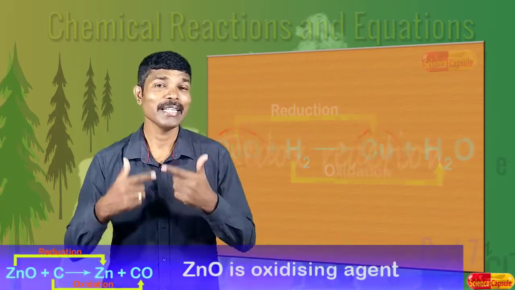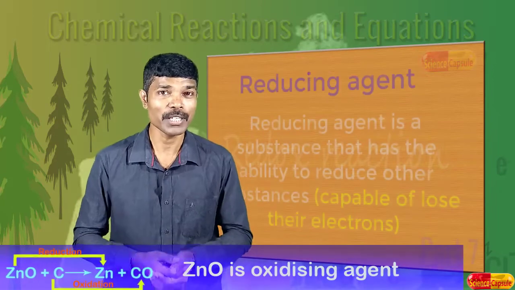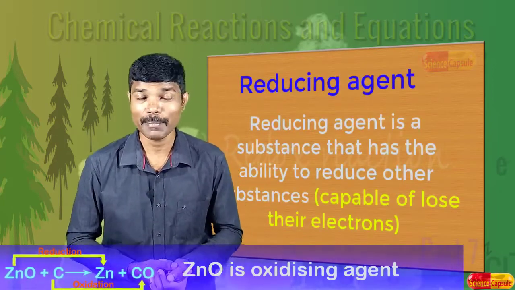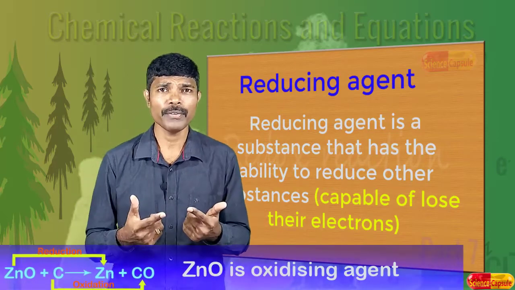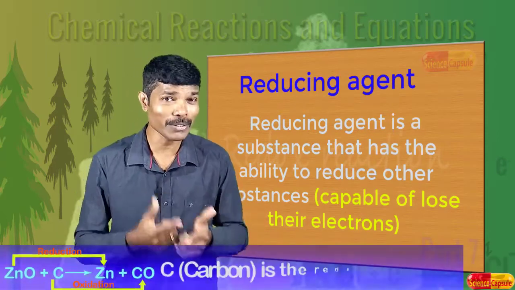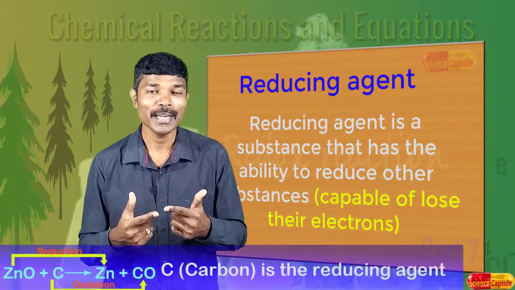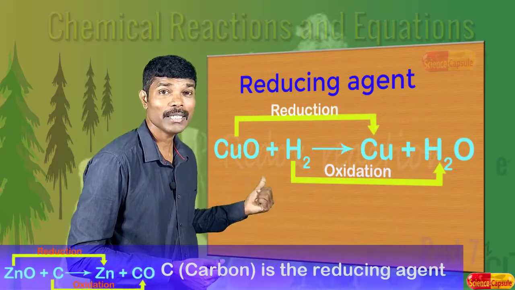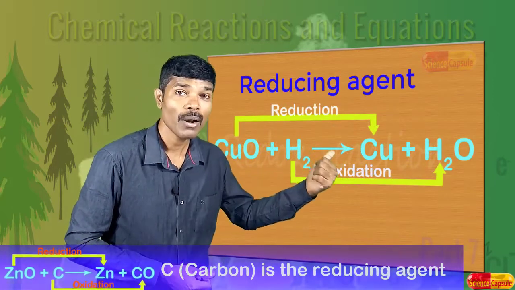On the other hand, the reducing agent is a substance which has the ability to reduce other substances in a chemical reaction. In other words, the species which loses electrons is said to be oxidized and usually is the reducing agent. Here in our example, hydrogen is losing electrons to oxygen.